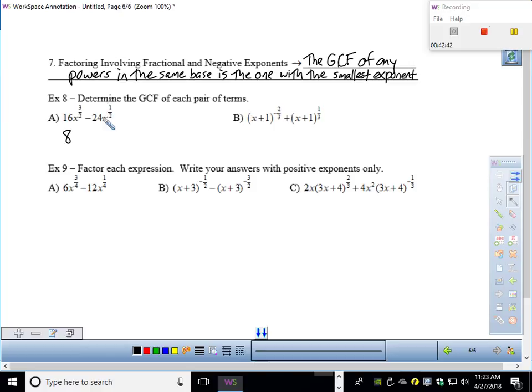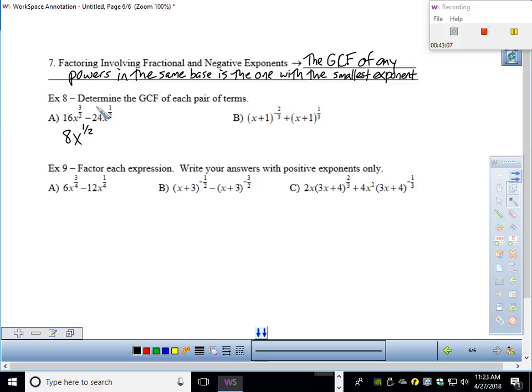And so I'm just going to use what I wrote up here. If I'm looking for the greatest common factor in a particular base, it's just the smaller power of the two. And so what's smaller, x to the 3/2 or x to the 1/2? Well, it's got to be x to the 1/2. So that actually is your greatest common factor of these two terms, this and this.